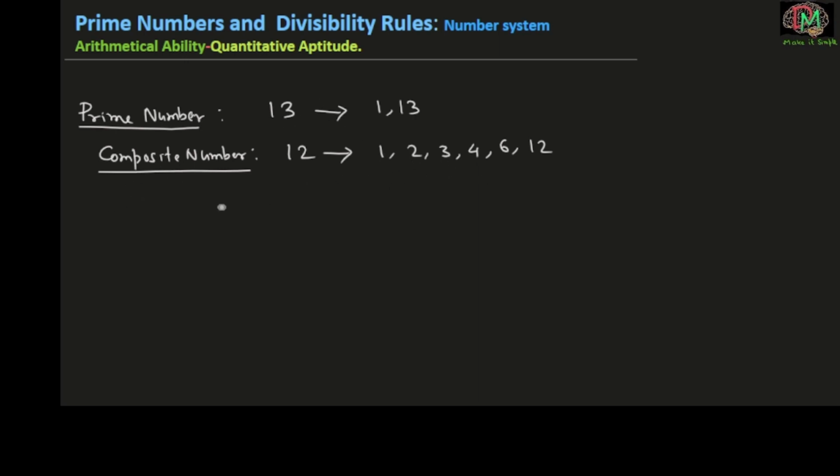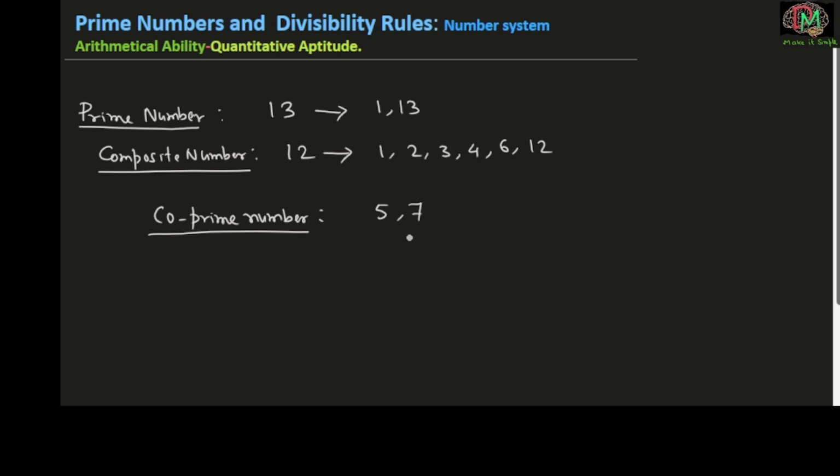Next we learn the different types of prime numbers. One is the co-prime number. It is a pair of numbers that have only one common factor, that is 1. Let's take one example, 5 and 7. So here the common factor is 1.